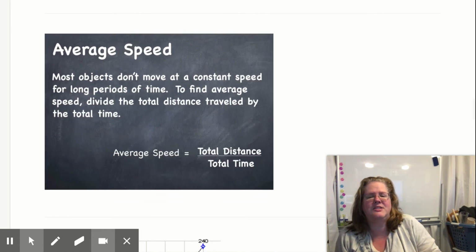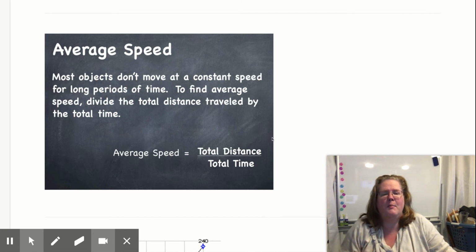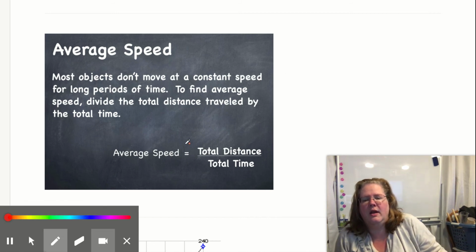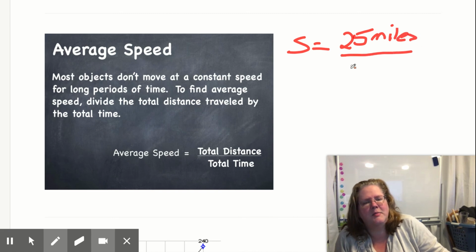Average speed takes the total distance divided by the total time. So for example, my travel to work is my speed of travel. I could calculate. My total distance is 25 miles. And my time is generally 35 minutes.